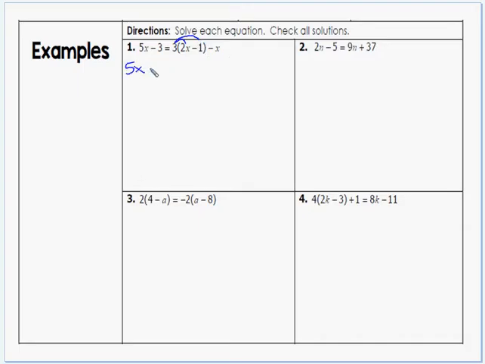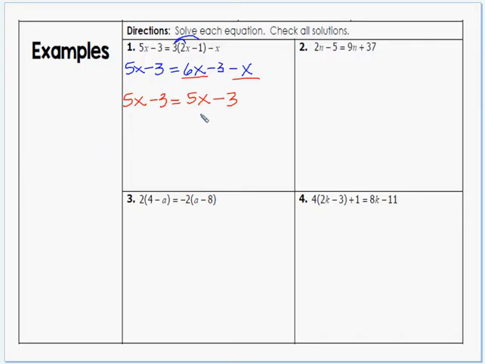When I do this, 5x minus 3 just stays, but then I get 6x minus 3 and then still minus this x. So now I've got to keep going, and here I have two things that can combine together on that side. So let's go ahead and combine them. 6x minus an x leaves me with 5x, and I still have this minus 3, and here I've got 5x minus 3.